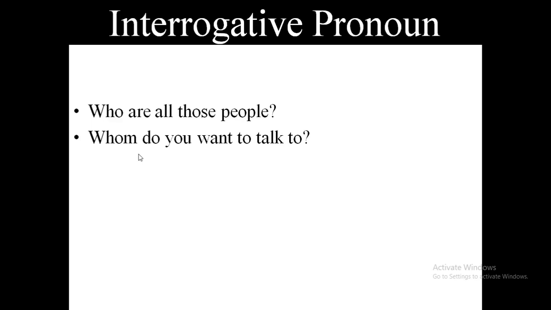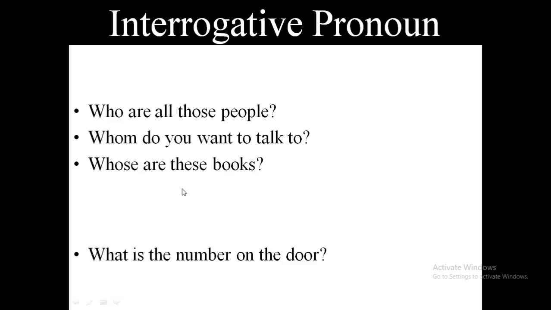Next, whom do you want to talk to? Again, whom is referring to you. So whom is another interrogative pronoun. And whose are these books? Here whose is referring to books, and this is also an interrogative pronoun.